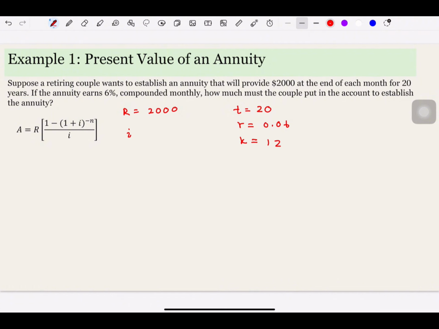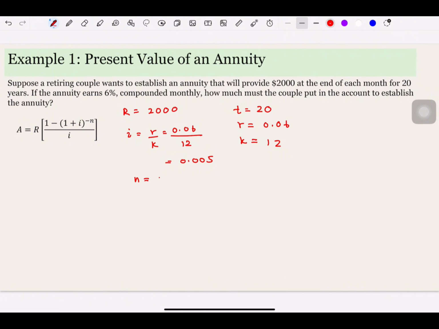So we need i, the interest rate per period. To get this, you divide r by k, so 0.06 divided by 12, which is 0.005. We also need n, the total number of periods.